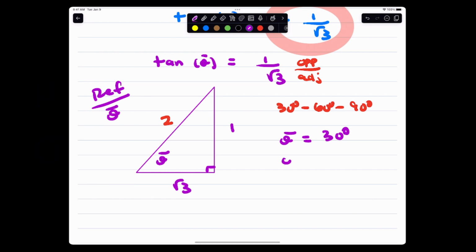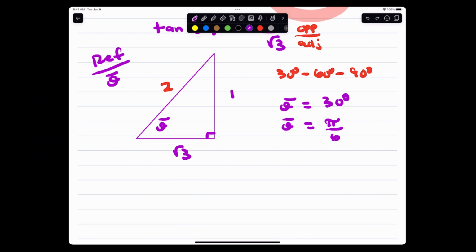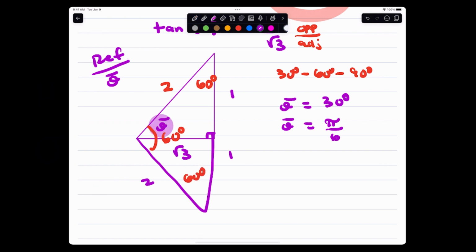You go, how do you know? You know how I know? I know where it comes from. This is 1, this is 2. This is supposed to be 60 degrees. This is 60 degrees, 60 degrees. So you are bisecting, cutting in half.